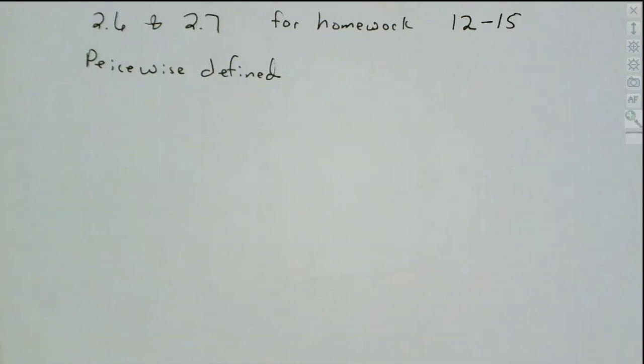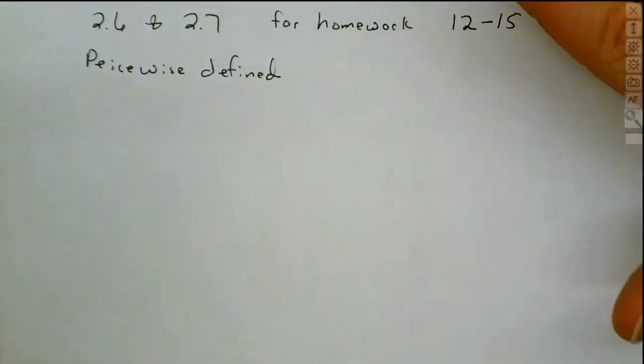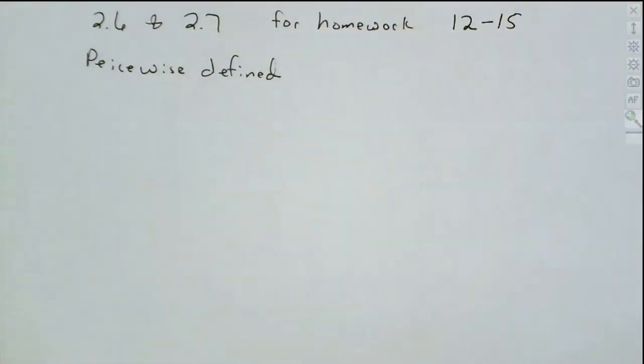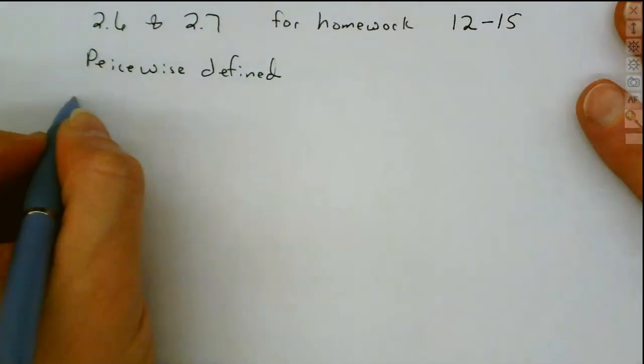Okay, there are different pieces or levels, and we need to determine how to either find the value or graph the function. So I'm going to start off with evaluating these. So I'm going to use the same directions as our homework. That way we don't get confused. So we're going to find the requested value.